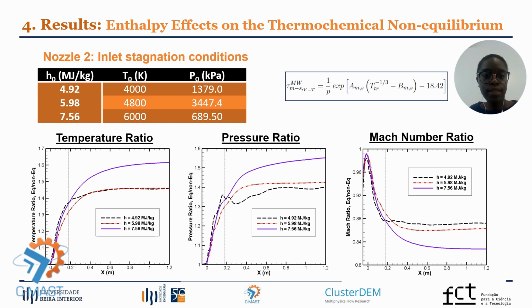Also, we can see that after the freezing point, since there is no exchange between vibroelectronic and transrotational energy modes, the pressure contribution is meaningful, and the non-equilibrium degree is higher for the higher stagnation temperature condition, which also corresponds to the higher stagnation enthalpy condition.